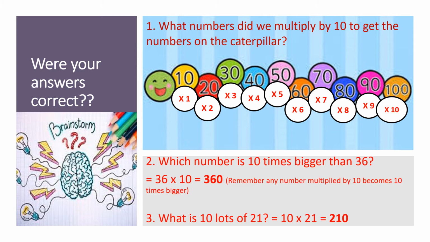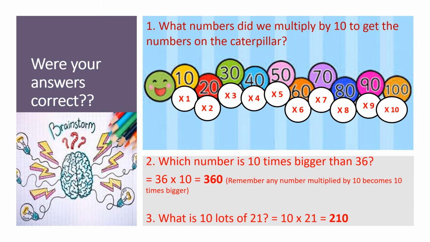3. What is 10 lots of 21? We mentioned the lots of 10 pencils in 21 different places. Just multiply 10 by 21. We have 210. Do you notice that the answers we have on number 2 and 3 end with zeros? And do you also notice that all the numbers on the caterpillar end with 0?